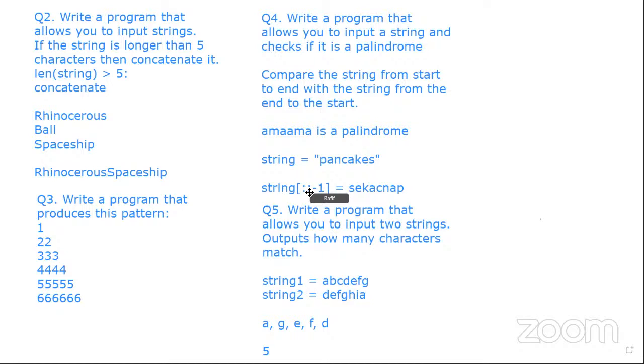Okay, so basically what this does is it reverses the string, okay? Instead of going from start to end, it goes from end to start. Now, you could do this the other way with a loop and just concatenating it onto a variable, but that's a long way. This is a much shorter way.